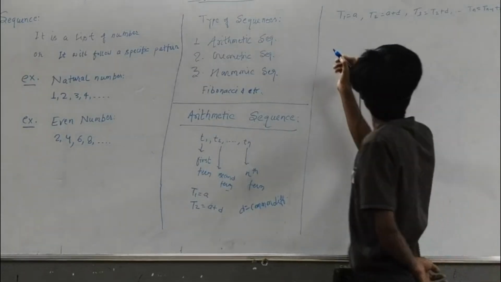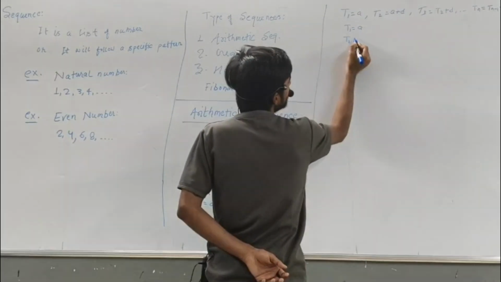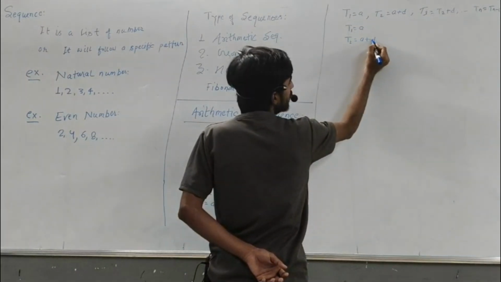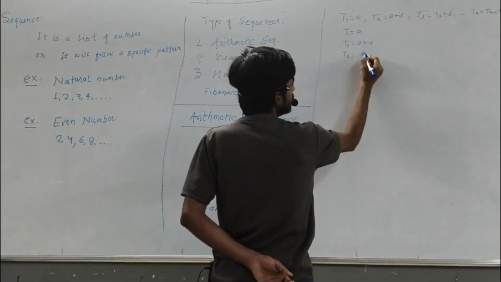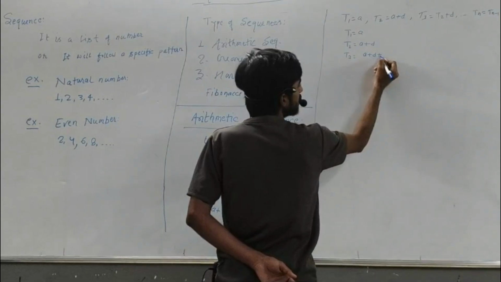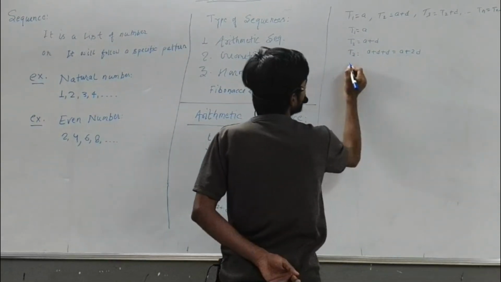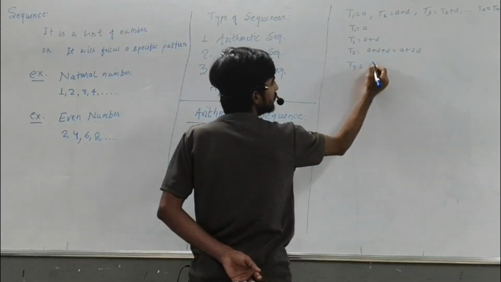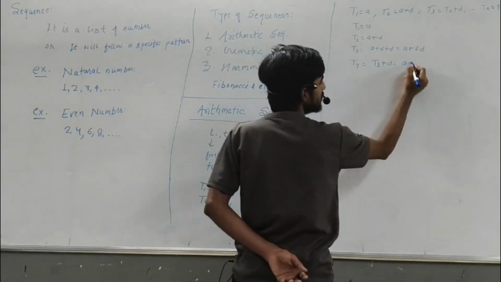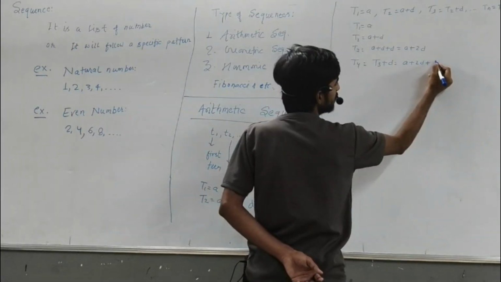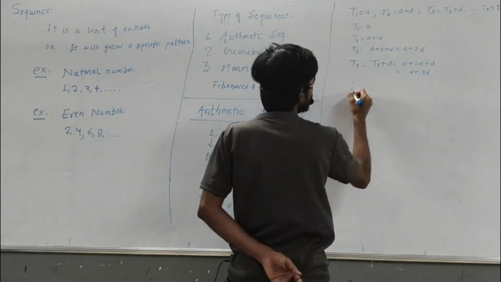Now, writing T1 we have A, T2 we have A plus D, T3 is nothing but T2 plus D, T2 is A plus D plus D, that is A plus 2D. Now we have T4, then you can add T3 plus D, T3 is A plus 2D plus D, that is A plus 3D, and so on.